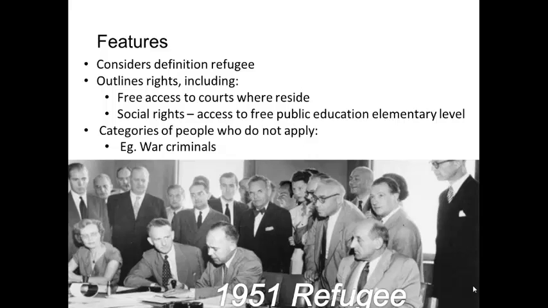The Convention also specifically outlines who cannot apply to be a refugee, and this includes those who have committed war crimes, those who have committed crimes against humanity, and other serious non-political crimes.